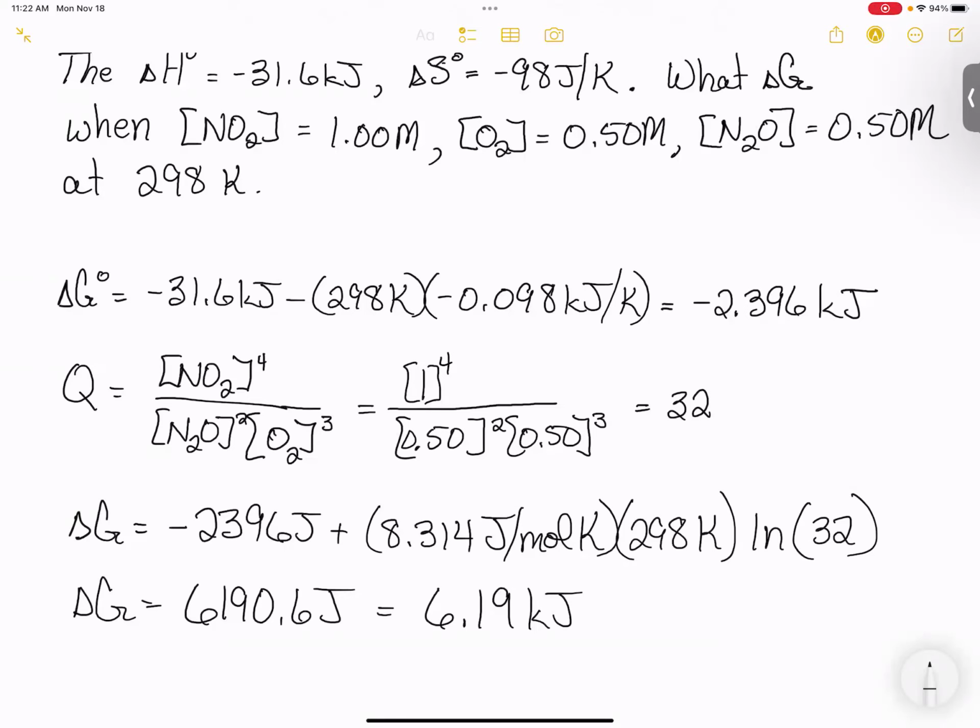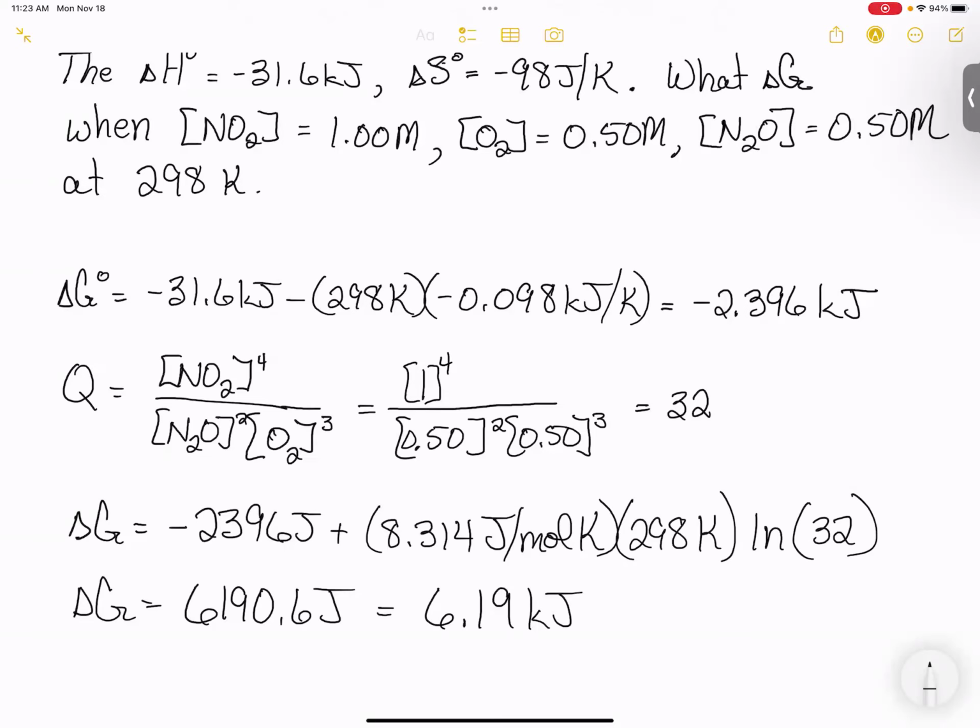Okay, let's see how it's going. First thing you had to do is calculate delta G naught and Q. The reason we did that is because we suspect it's under non-standard conditions because the concentrations are not at 1.